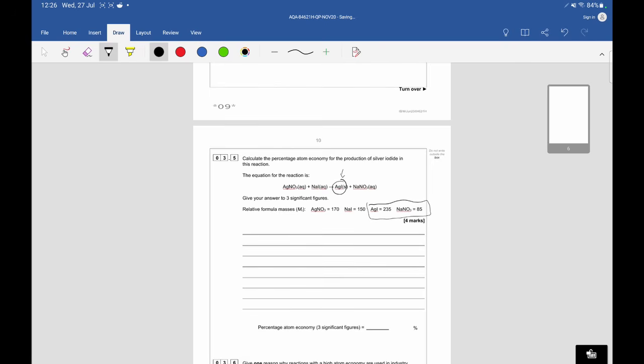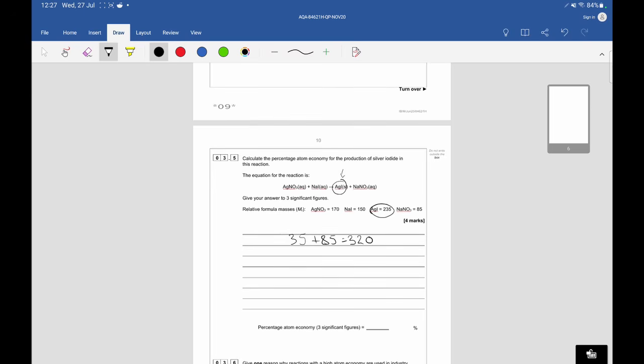And all we're going to do with those is add those two things together to get our total mass in this reaction. So if we do 235 plus 85, it gives you an answer of 320.